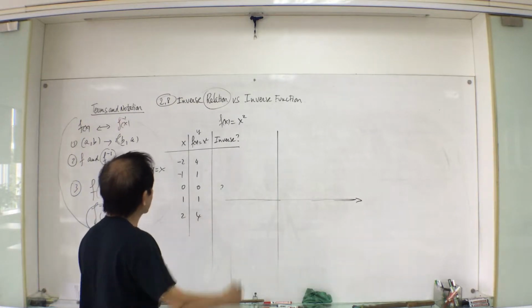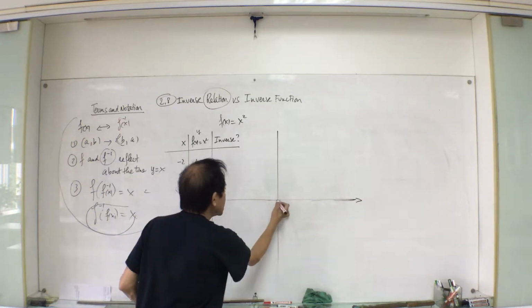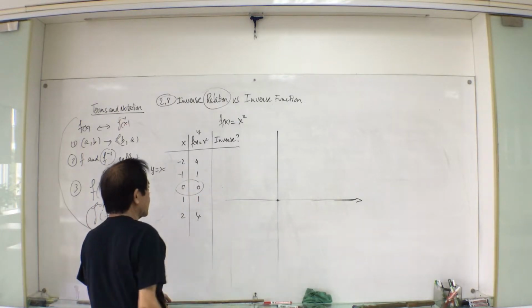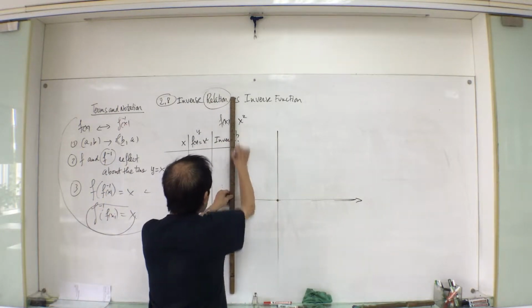So now what about the inverse? Let me plot all the points here, x, y. The inverse becomes y and x.